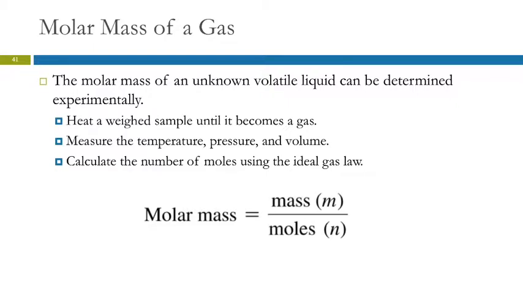So at that point where it's all vaporized, we know that it's filling the container, right? And then we measured the temperature of the hot water bath that it was sitting in. We measured the pressure using a barometer, just the atmospheric pressure. We figured out the volume of the container. We took that container, we cooled it down, we condensed the gas, and weighed it, right?